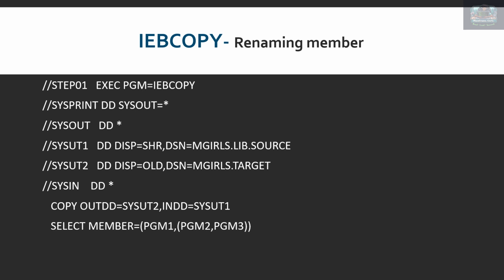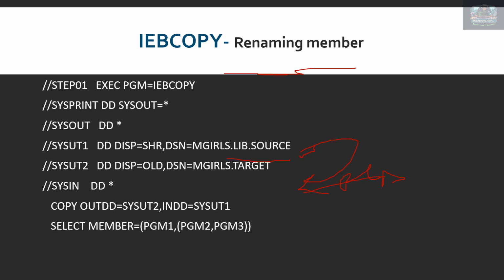Suppose you want a member to be renamed in the new data set on the target file. Say this is the file in which I have PGM1 and PGM2, and when PGM2 is going there, I want its name to be changed to PGM3. While copying, not only one member, I can do it for many members.